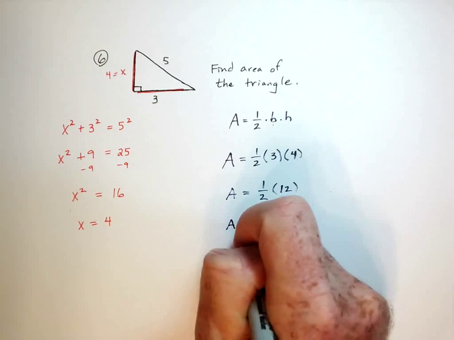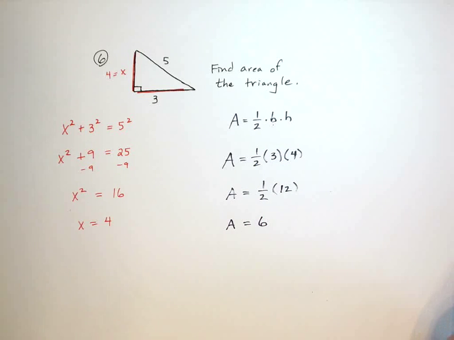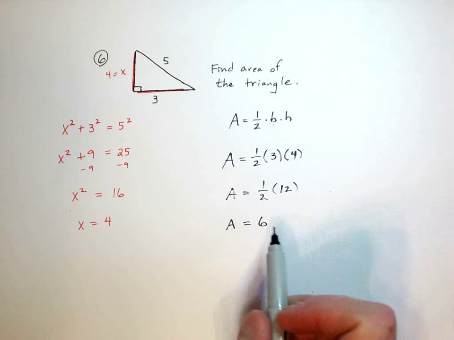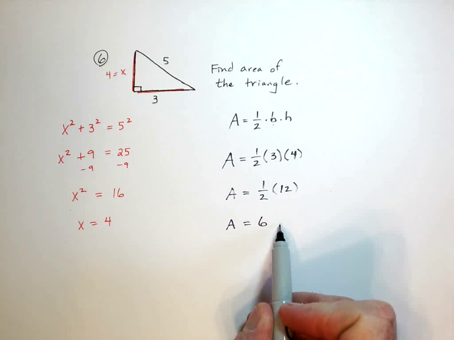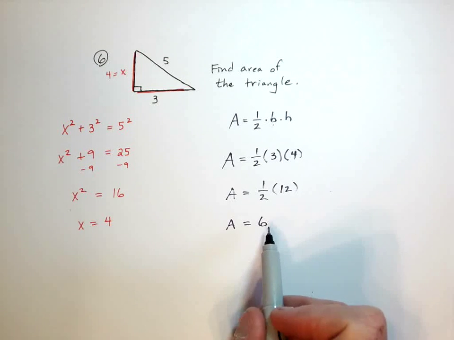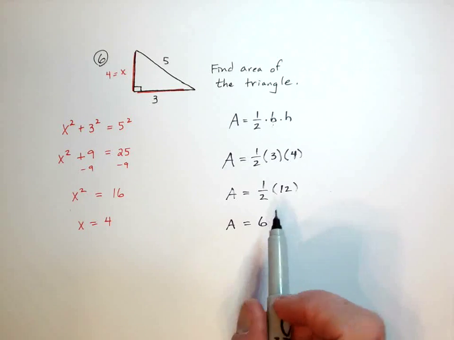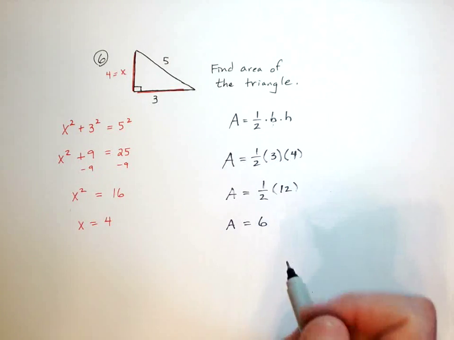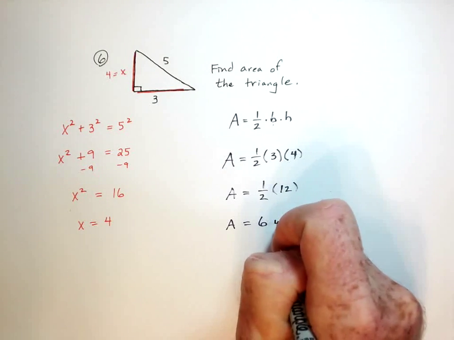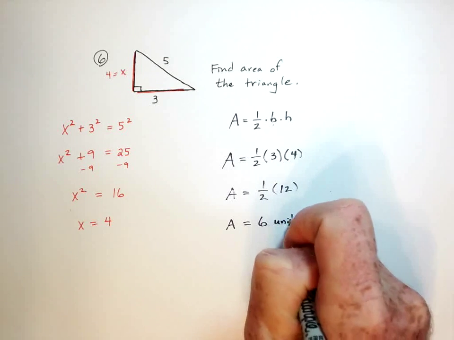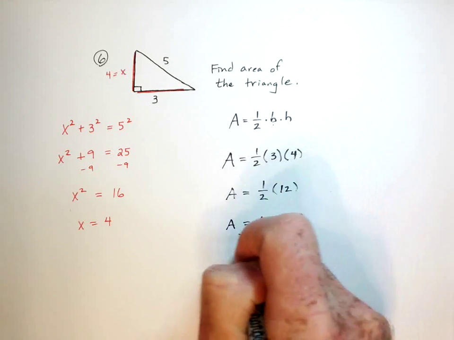And half of 12 is 6. And with area, it's supposed to be in inches squared, feet squared, meters squared. With this one, it doesn't say what the units are. So then what you do is just say it's in whatever the units are, squared.